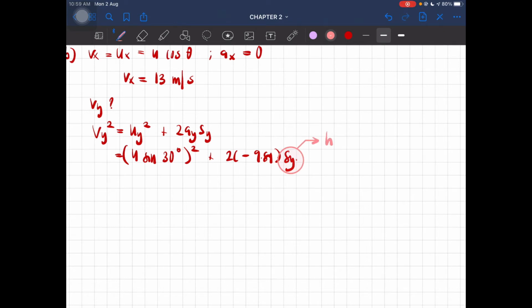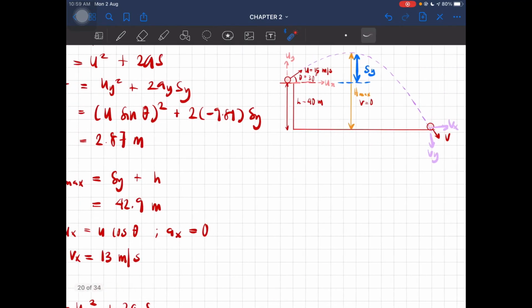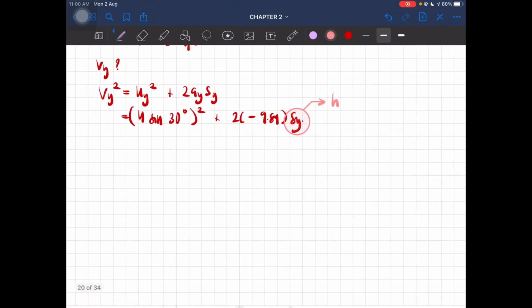So why are we using that? It is because we are looking just before it strikes the ground, so this distance, this displacement. Okay, so rearrange, substitute, and then you'll get vy to be 29 meter per second.